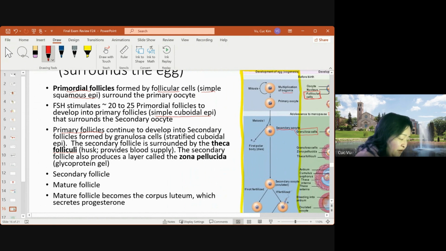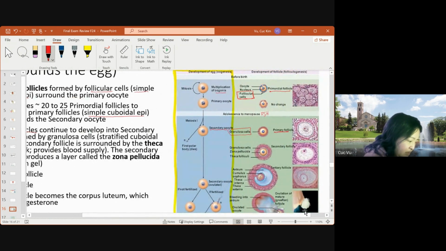The FSH is going to drive that change to continue to happen. So it's going to go from primordial follicle to primary follicle to a secondary follicle. The secondary follicle surrounds what structure? Still the secondary oocyte.